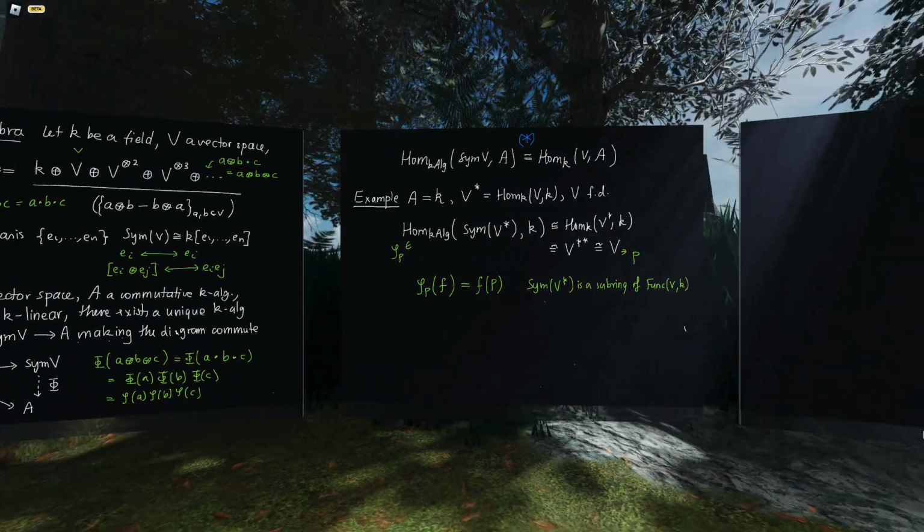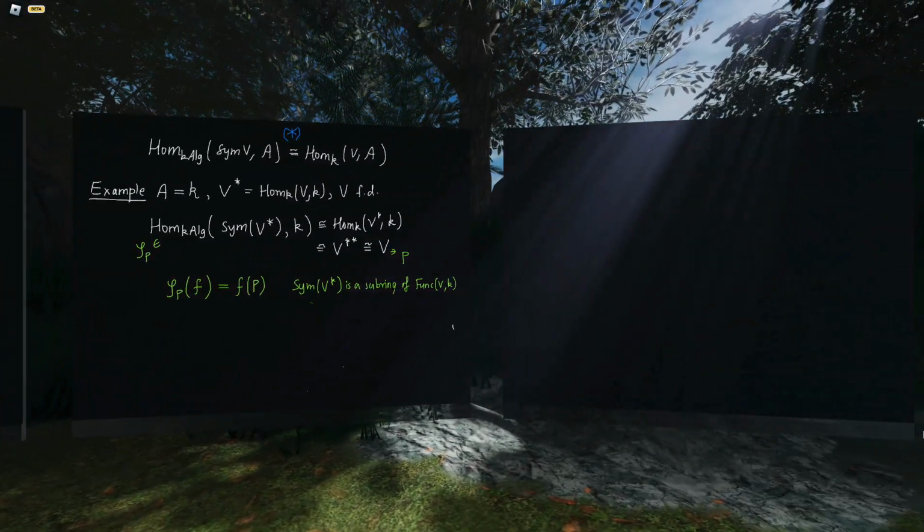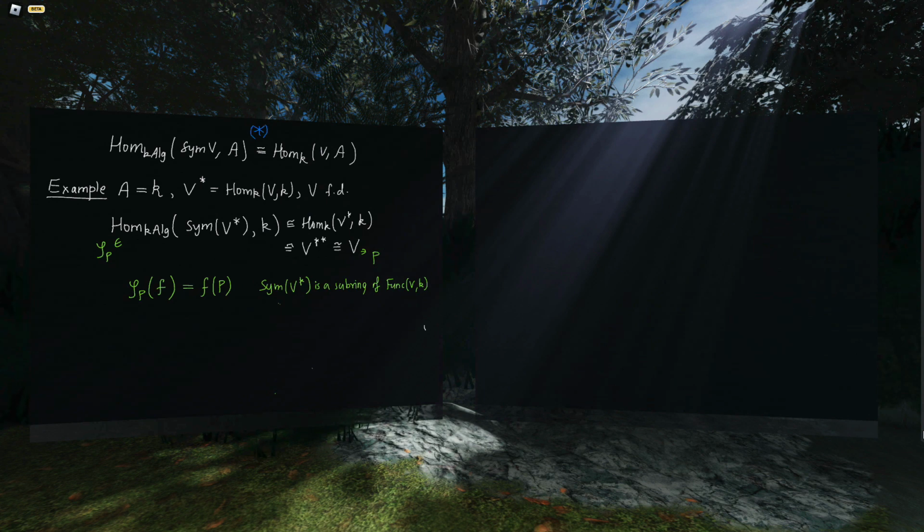Let's do it on the next board. As a vector space it has a basis 1 and t, and the multiplication rule is that t squared is 0.